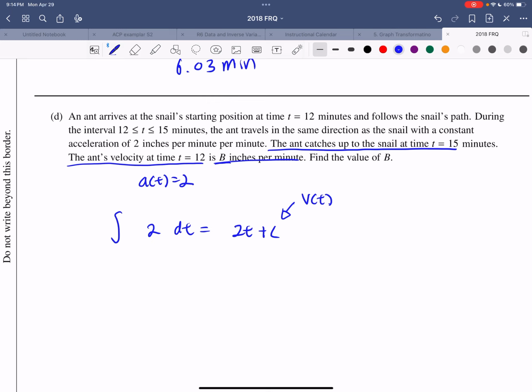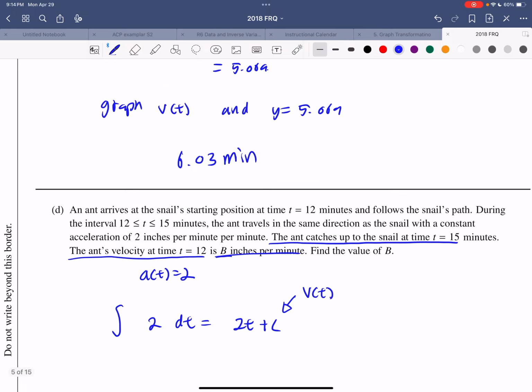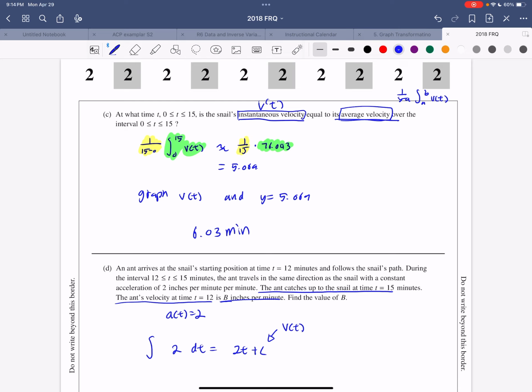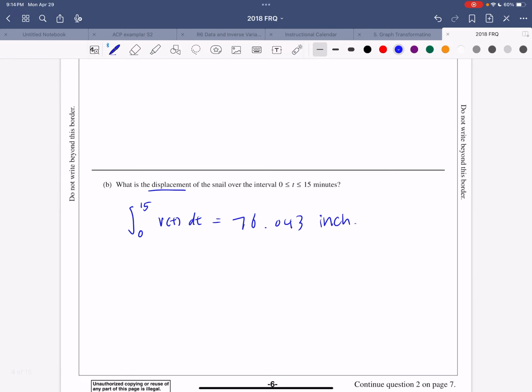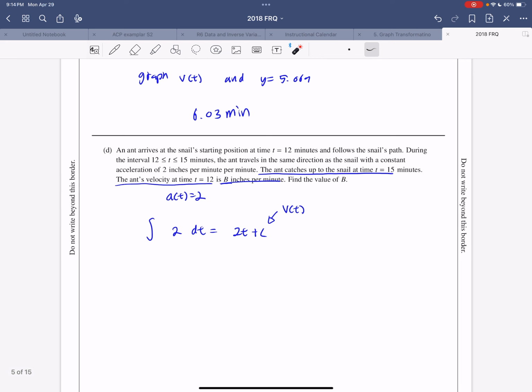But what I have to know is the position, because this is the distance that they moved from 0 to 15. The snail moved from 0 to 15, and the ant caught up within this time.